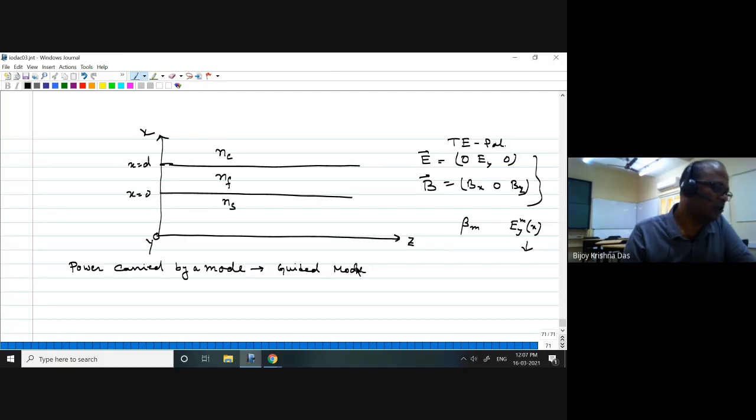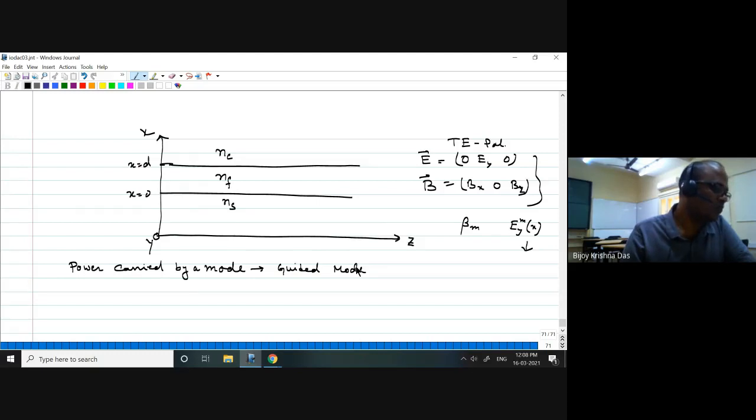But in course of time you will see that an optical waveguide can also be designed with a different configuration. You perhaps heard about the photonic crystal waveguide. It acts as a waveguide for a certain band of frequencies. We'll discuss that; it does not entirely rely on total internal reflection, it is completely different physics.